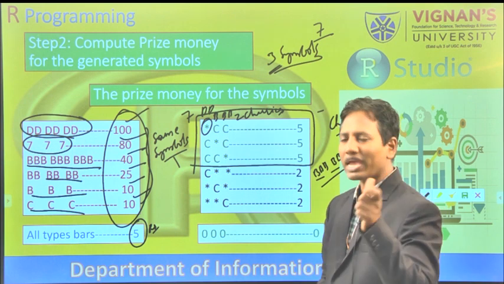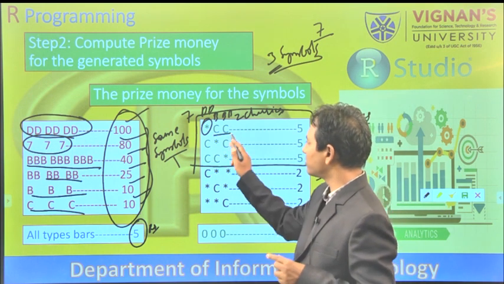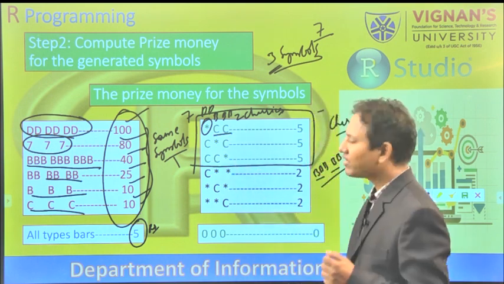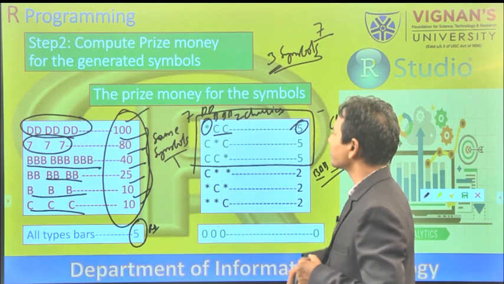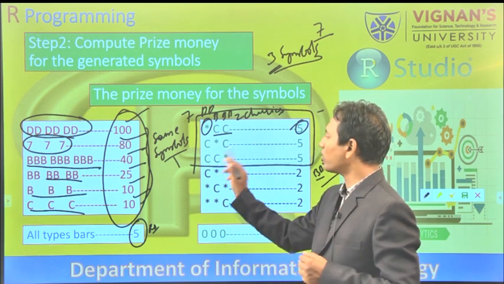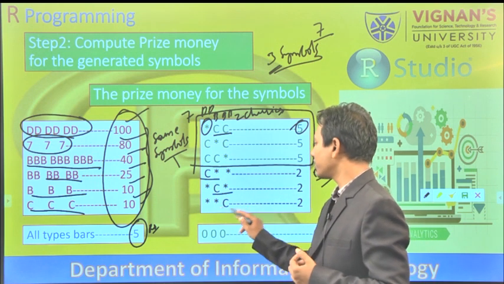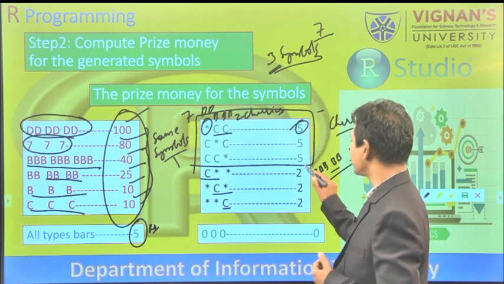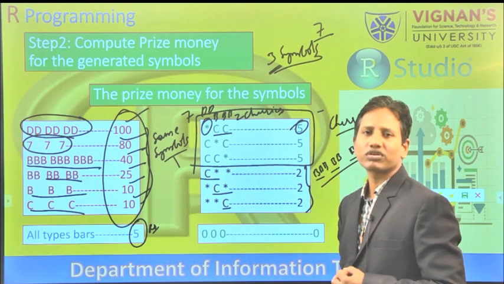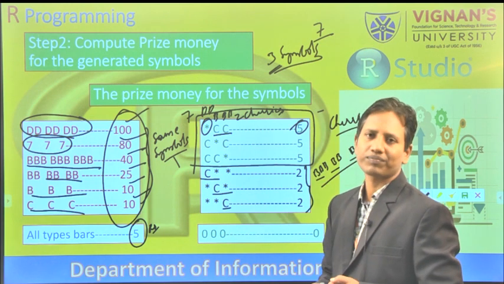But if you get 2 Cs, 2 cherries, then you will be given 5 in any order. And if you get a single cherry, then you will be given 2 points or 2 prize money.